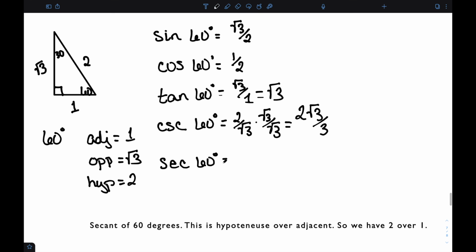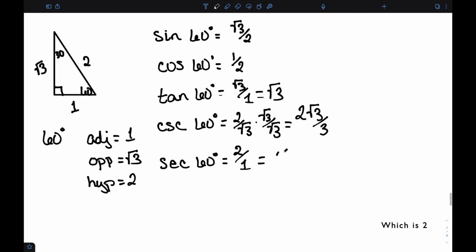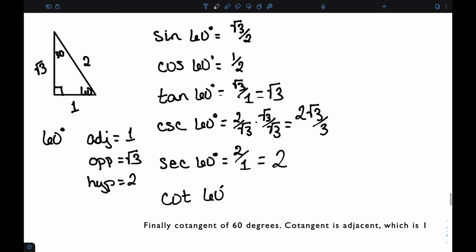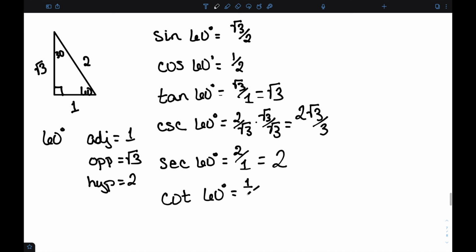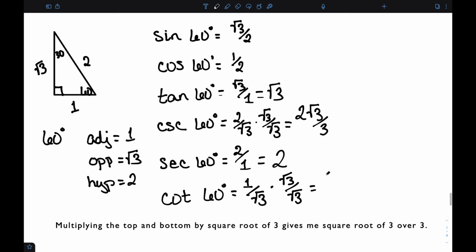Secant of 60 degrees, this is hypotenuse over adjacent, so we have 2 over 1, which is 2. Finally, cotangent of 60 degrees. Cotangent is adjacent, which is 1, over opposite, which is the square root of 3. Multiplying the top and bottom by square root of 3 gives me square root of 3 over 3.